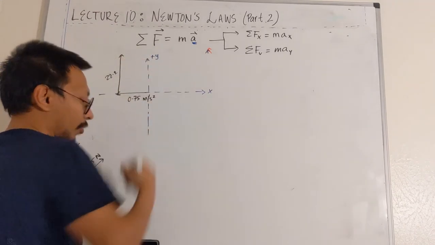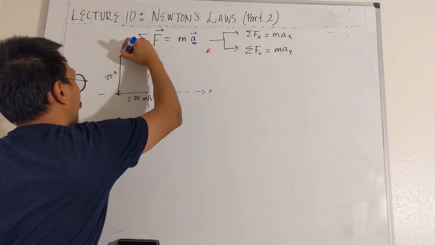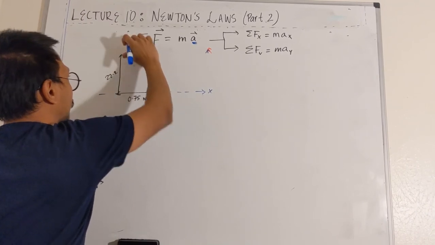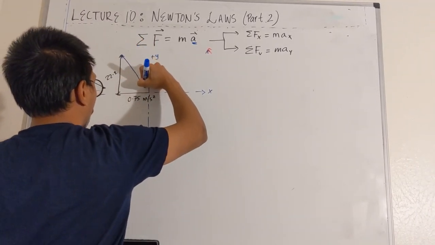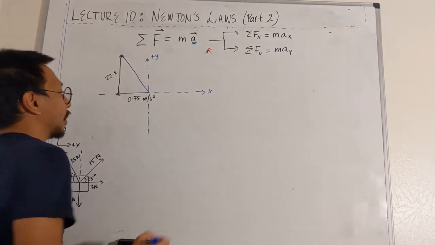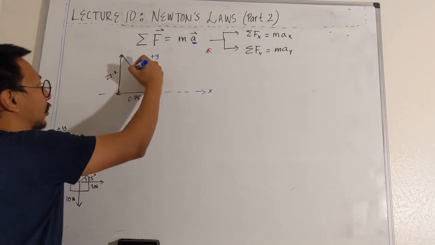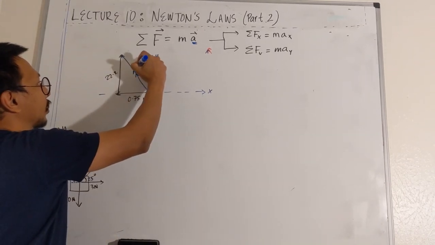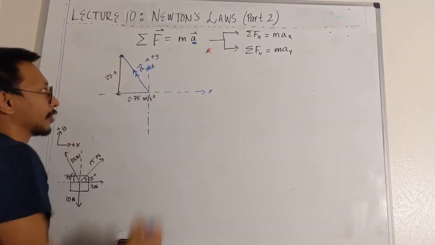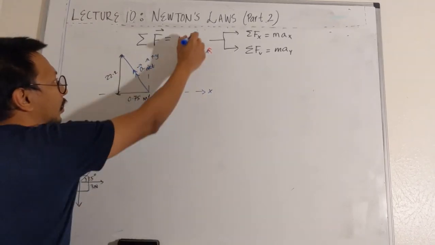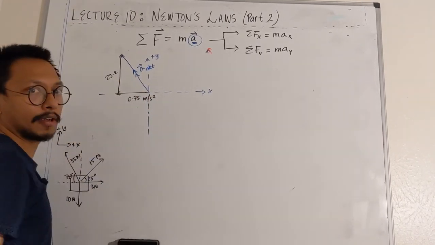So this forms an acceleration triangle similar to what we did with velocity in kinematics. And you can do this with any other vector, not only acceleration and velocity. So this is the resultant acceleration, the net acceleration that appears in the complete Newton's second law equation, and we are to find that.